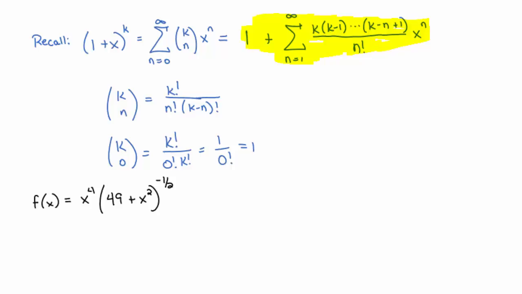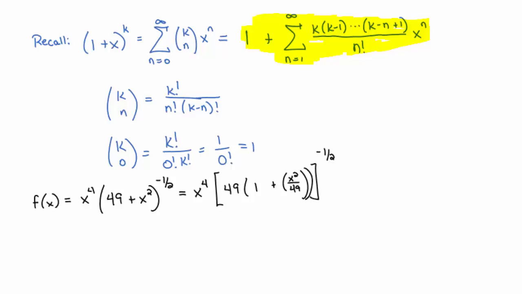So let me factor out x to the fourth. I'll have this group raised to the negative 1/2, but I'm going to factor out of those two terms a 49. That way I have a 1 plus something here, and that something is x squared over 49. So again, if you distribute back through, you can see that's true.